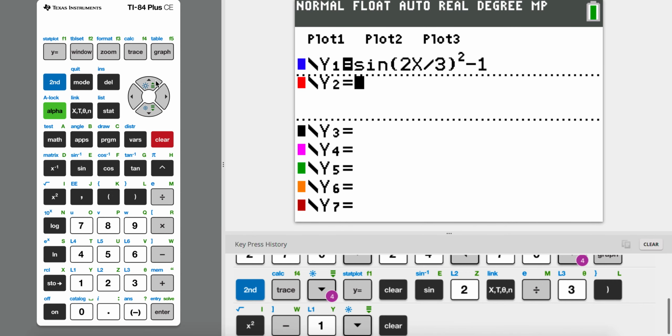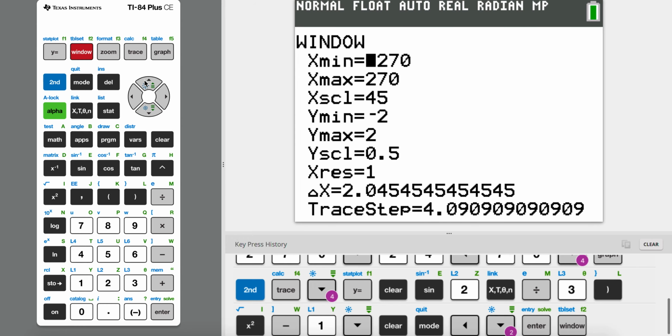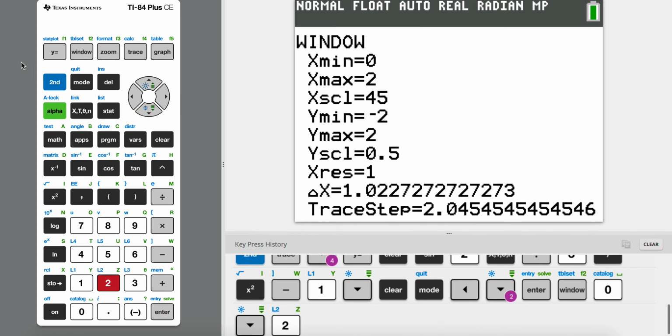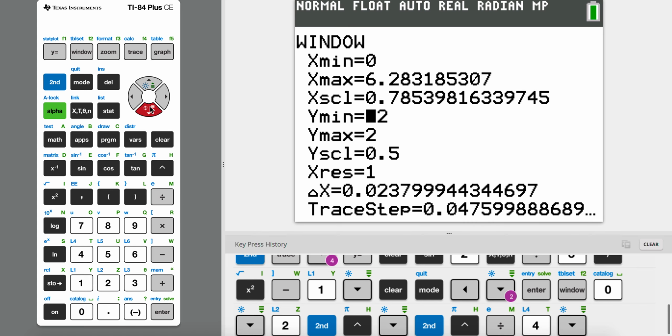We could just find the intersections. We need to change our mode to radians, and we need to change our window. So we're looking from 0 to 2 pi. I'm just going to keep it at 0 to 2 pi, and our scale could be pi over 4, since I like 45 degrees as a scale. And then the y could stay the same.